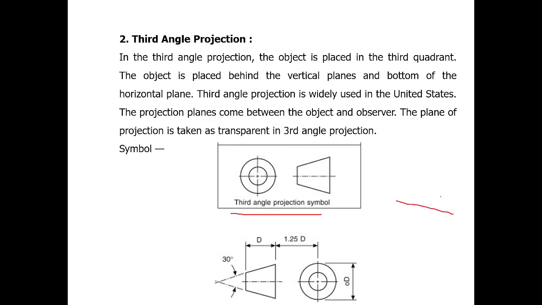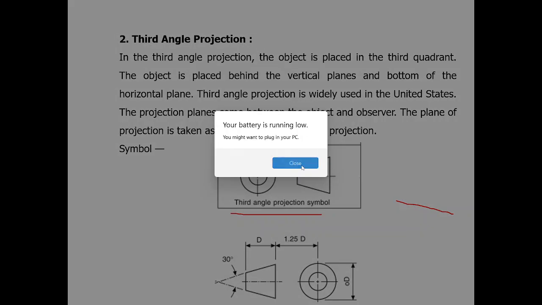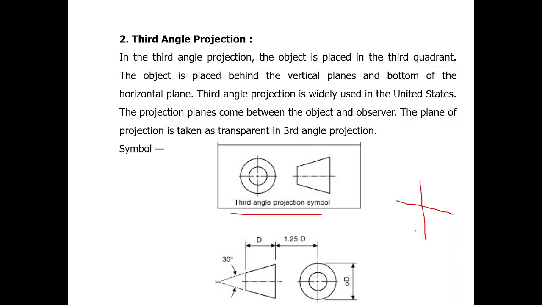The object is placed somewhere here, because this is the first quadrant, this is the second quadrant, this is the third quadrant, and this is the fourth quadrant.